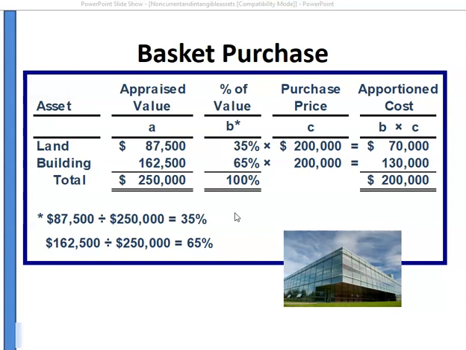So later on, we're going to deal with kind of this same concept, but instead of having something that's worth $250,000 and we pay $200,000 for it, we may have something that's worth $200,000 and we pay much more for it. Okay, so we can use this basket purchase with any number of assets, not just land and buildings.